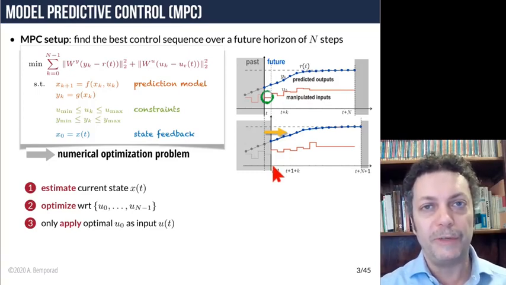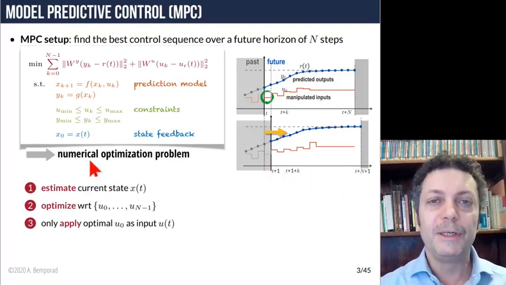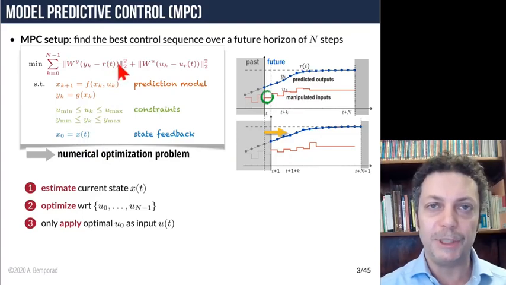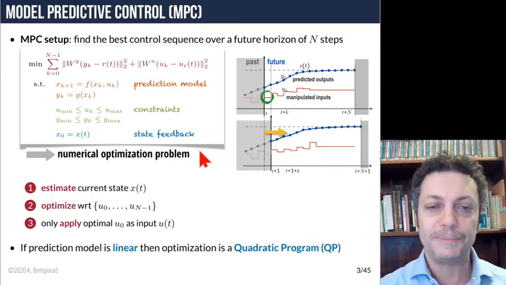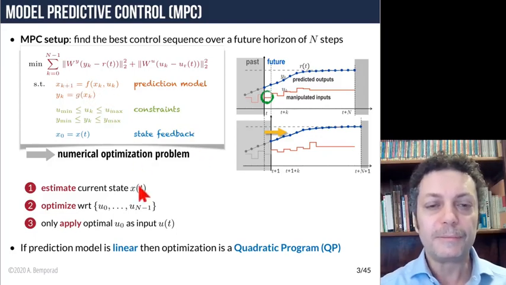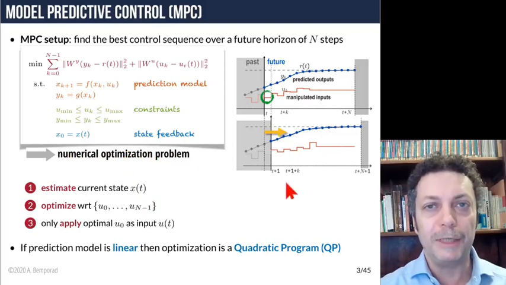So we will solve again an optimal control problem between time t+1 and t+n+1, and so on. So as a result of this repeated optimization over time, the control action that we apply is always a function of the current state and the reference signals and other signals that we inject in the problem formulation. If the prediction model is linear, then the numerical optimization problem can be mapped into a quadratic programming problem.